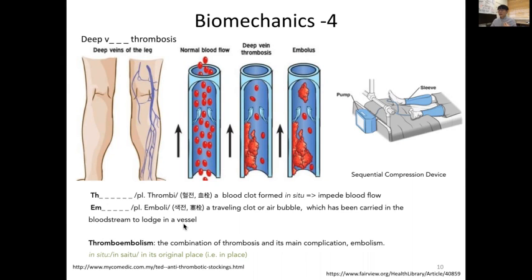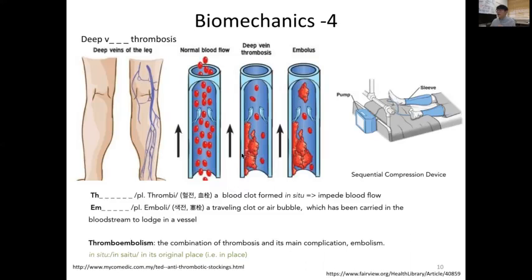So the combination of thrombosis and its main complication: a local in situ blood clot, the thrombus, can travel and become an embolus. This complication is called embolism, and this can happen together, and we call it thromboembolism.